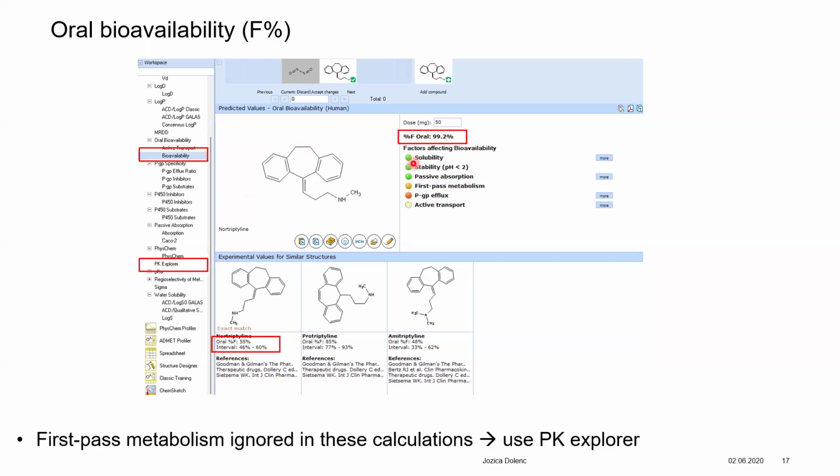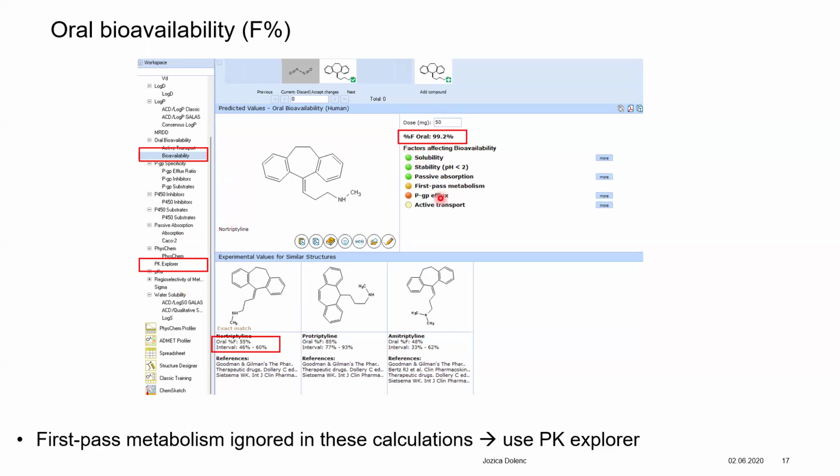And here we see a 99% oral bioavailability, which is perfect. What's interesting with the software is that you can change the dose. If you increase the dose at one point, your molecule will not be soluble anymore, and this will then affect the bioavailability. In this case, we have a very good solubility due to the basic center, and this can also be predicted by the software in one of these modules.